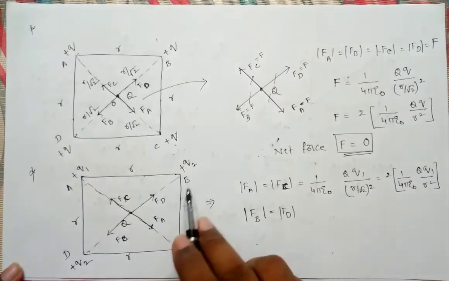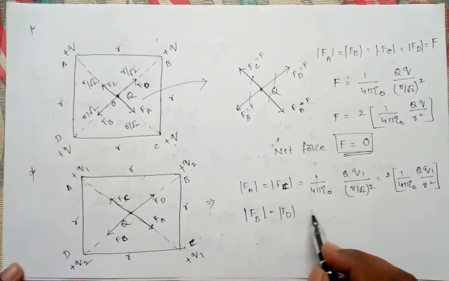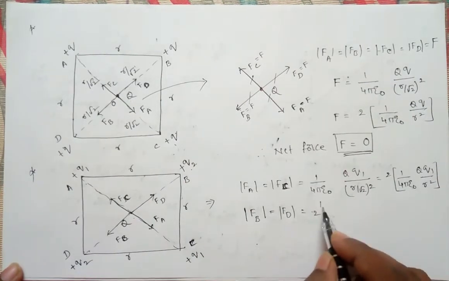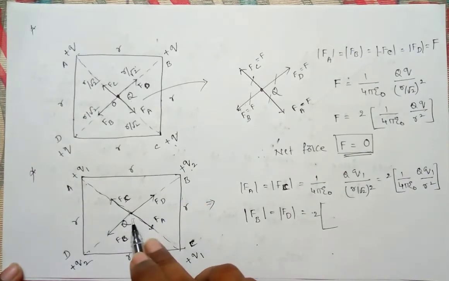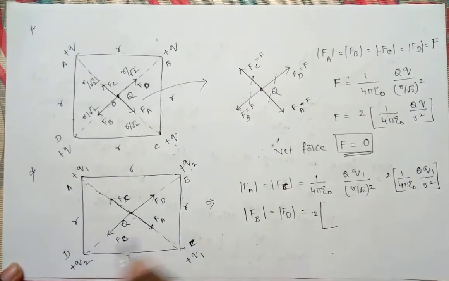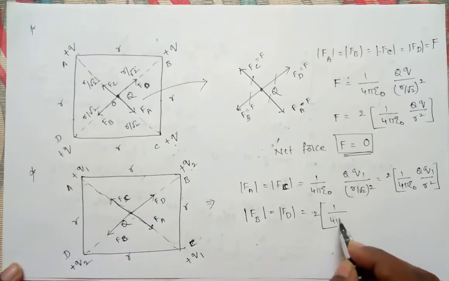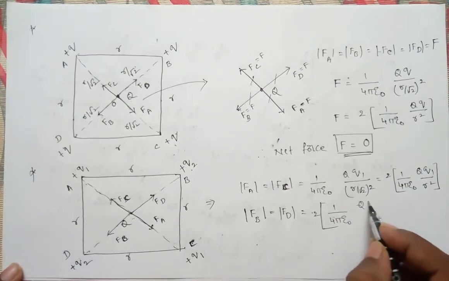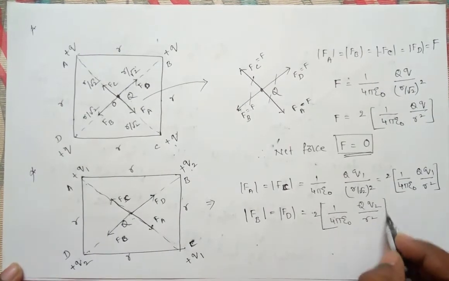Here the product of charges is Q2 into capital Q, and similarly you will get 2 times 1 upon 4 pi epsilon naught, capital Q into small q2 by r square.